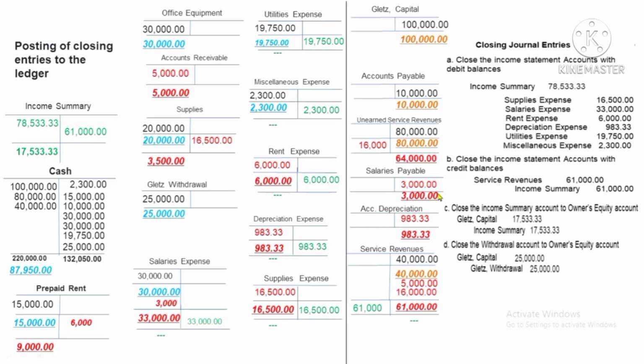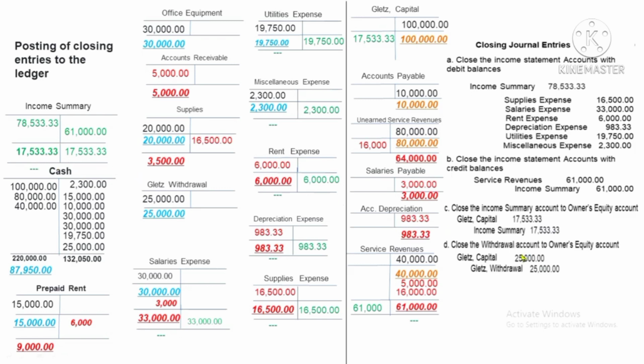Now let's go to the third closing journal entry. So debit Gletz Capital 17,533.33, and credit the income summary. And if you credit that, then the income summary will have a zero balance already.